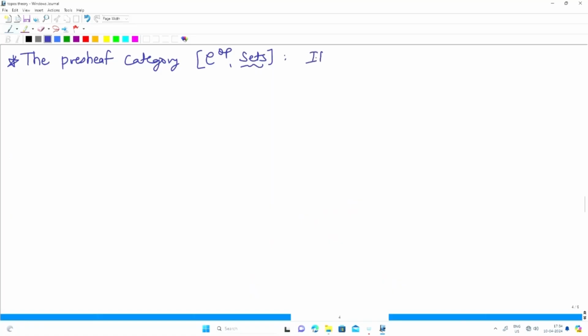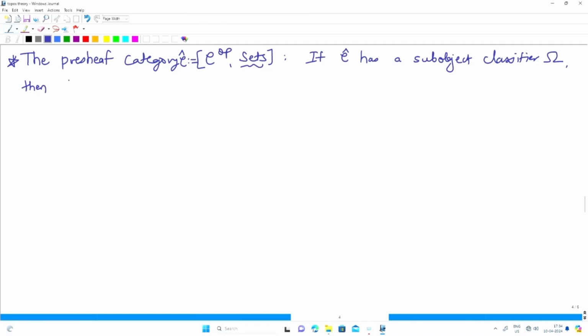Now, let me also give a notation, C hat. C hat is the notation for the category of functors from C op to Sets. So if C hat has a subobject classifier omega, then, well, what should it satisfy?